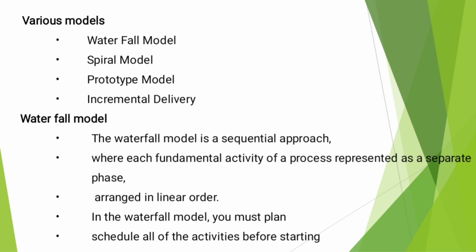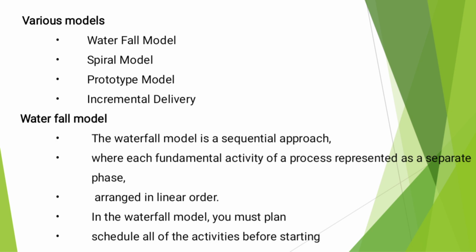There are various models. The first one is the waterfall method, then the spiral method, prototype method, and incremental method. The waterfall method is a sequential approach where each fundamental activity of the process is represented as a separate phase arranged in linear order. Linear order means one by one.